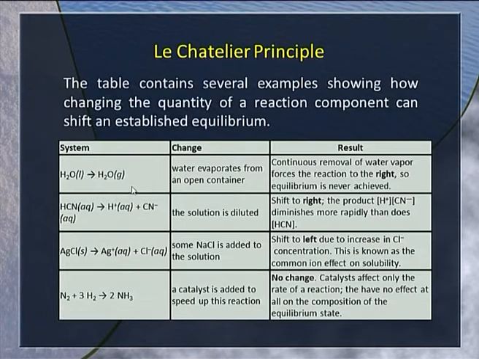Like water liquid, water gas, if water evaporates from an open container, there is a decrease in the concentration. So, there will be a movement to the right, because it wants to compensate the loss of water molecules, and there may be similar examples where you can have a shift to the left or right depending upon the condition, but the system always moves in a direction where it can nullify the effect which has taken place.